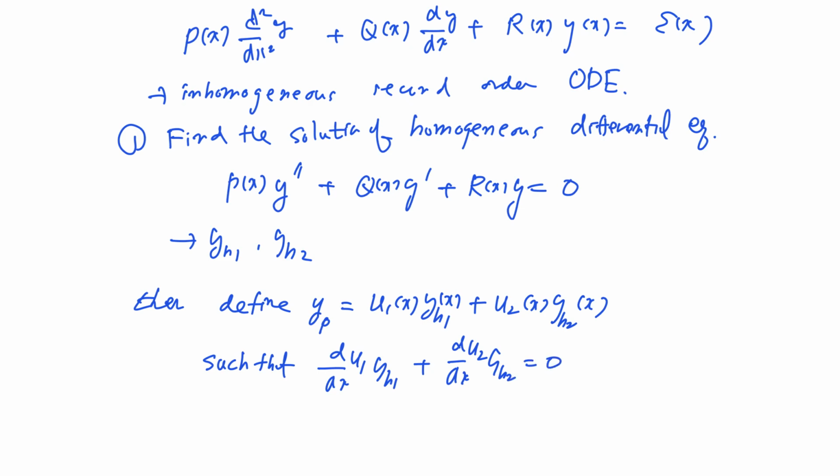So we actually have a constraint on u1 and u2. That means if you differentiate u1 and u2, and sum them up, it is equal to zero.